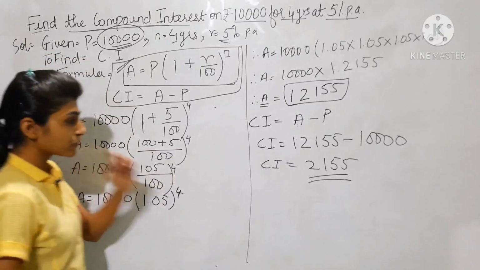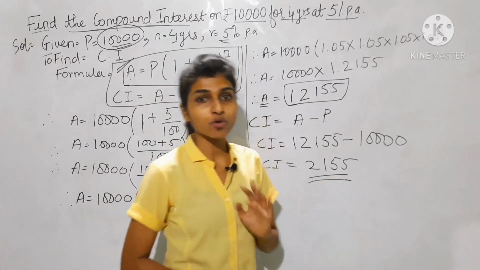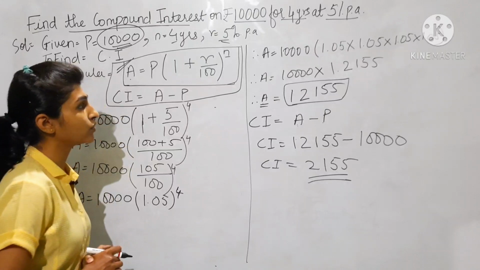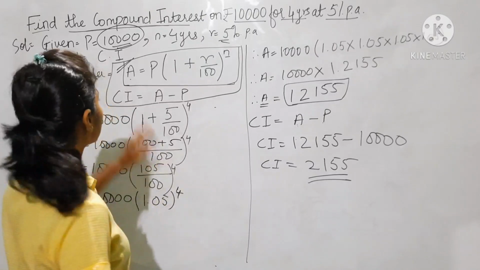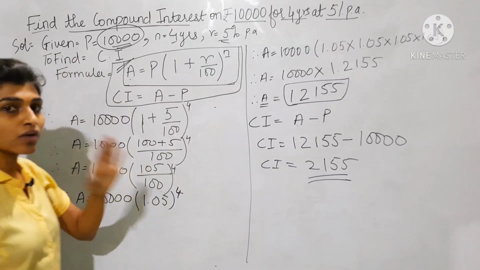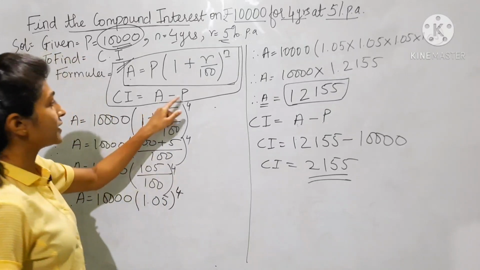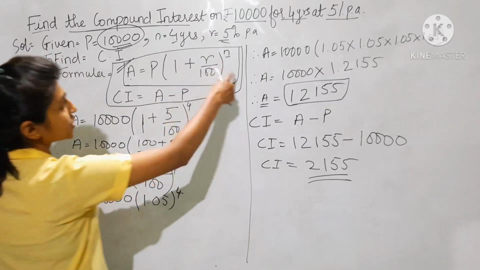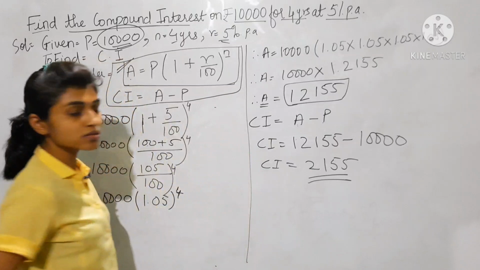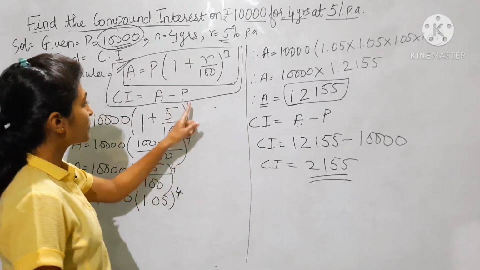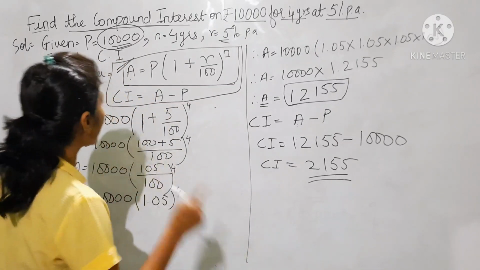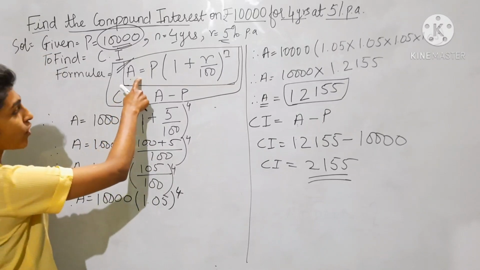Okay, so in this way you have to find compound interest. I hope you have understood how to find compound interest. Just remember the formula. The formula of compound interest is A minus P. But in this question, they have given us only principal, but we have to find the amount. So to find the amount, we are going to use this formula.